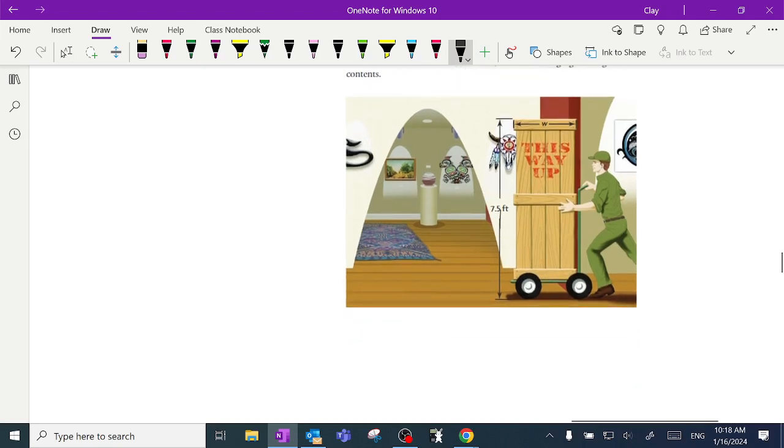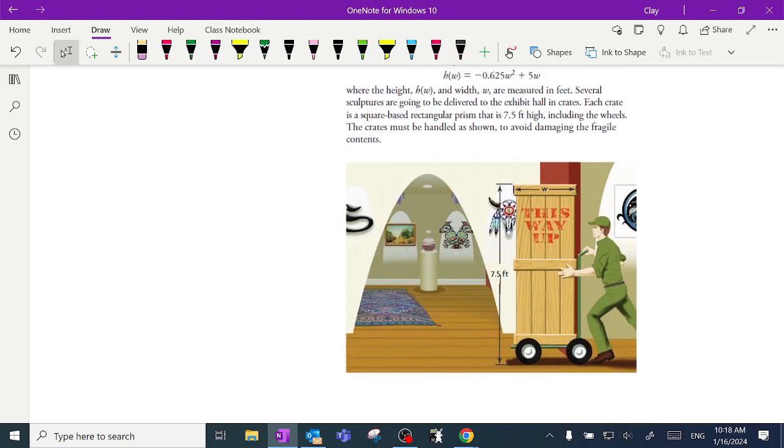The problem is, what's the actual maximum that this width could be to fit through the doorway? In other words, will this crate fit through that space? And that's the problem.